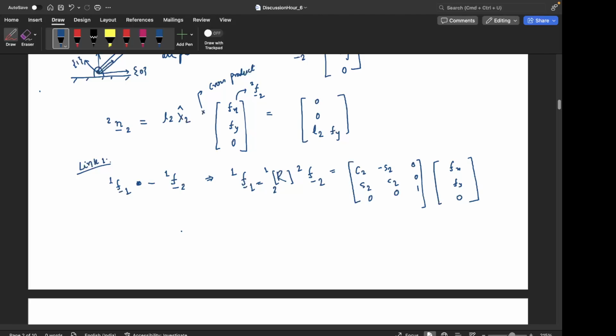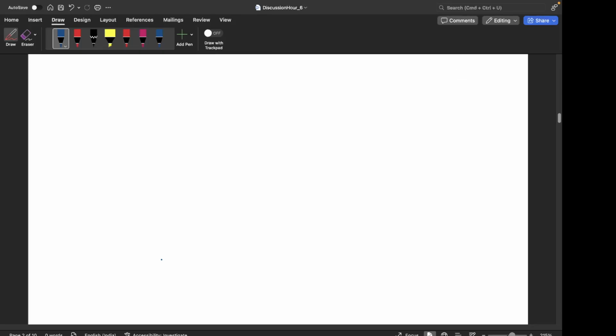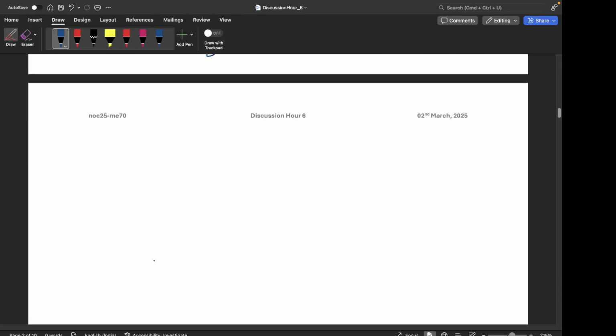When we multiply this, we get the force that is being applied on link 1 and expressed in frame 1. And finally, what we need to compute is the moment for link 1.